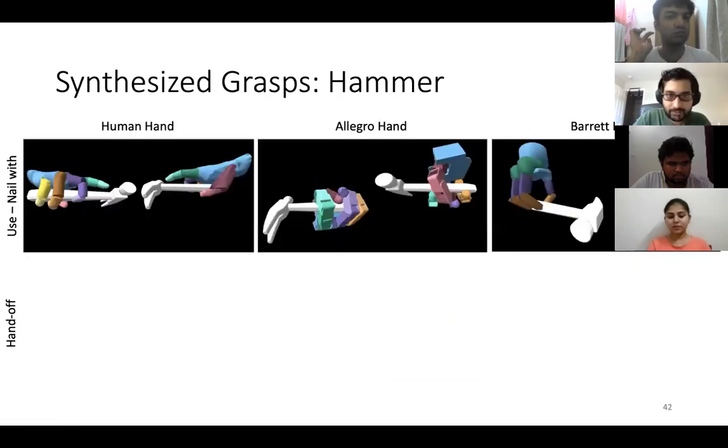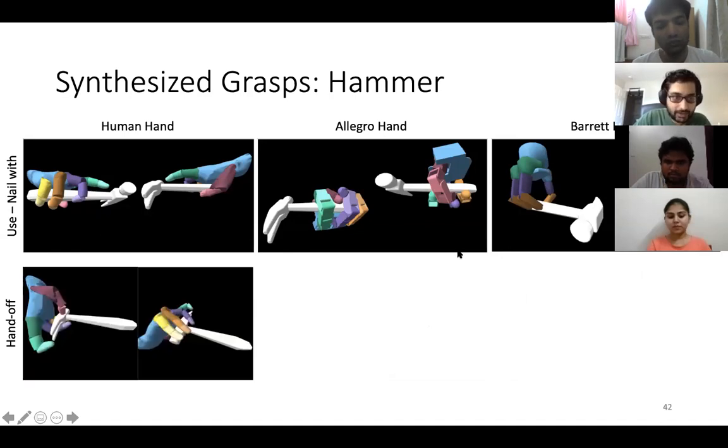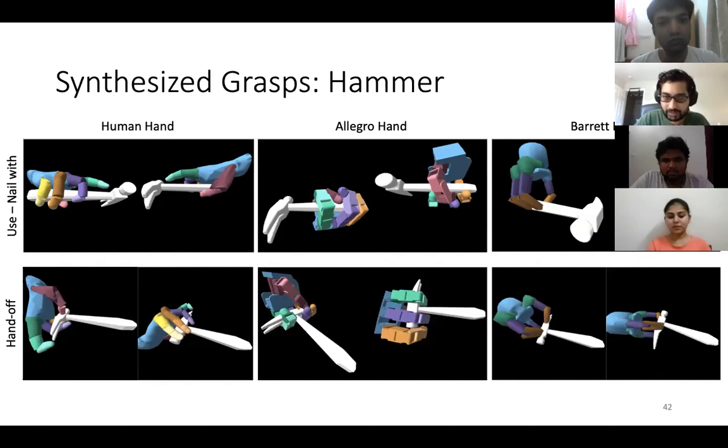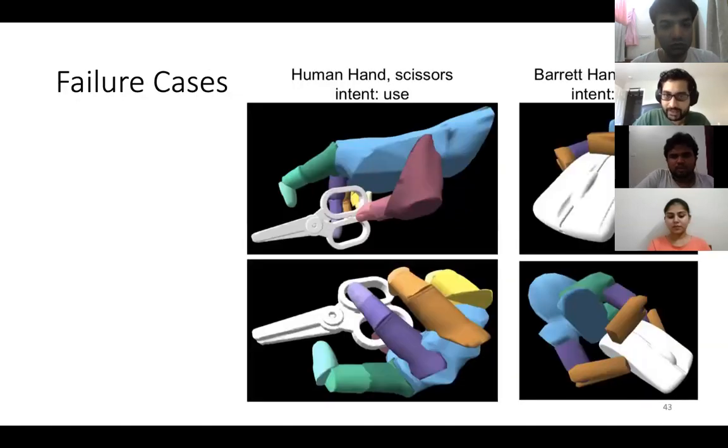And so here are just some results of using the hammer with different robotic hand models, and handing off the hammer again with different hand models. And it also fails in some cases.